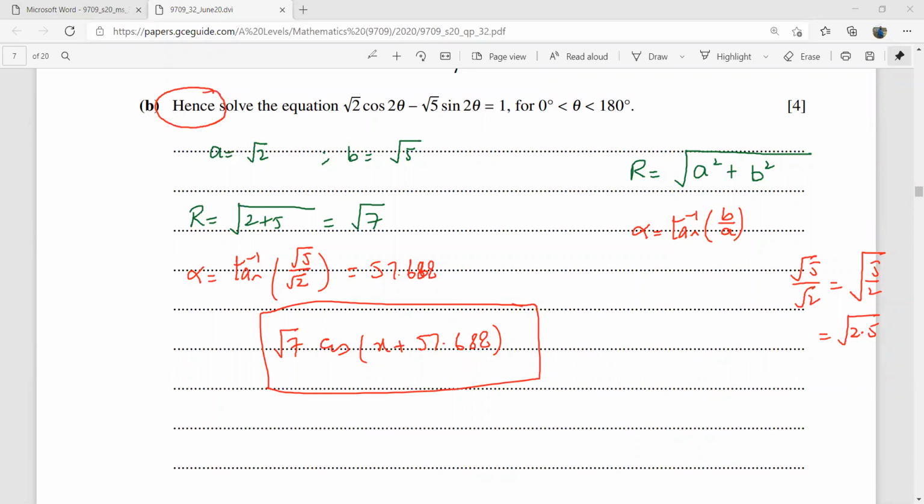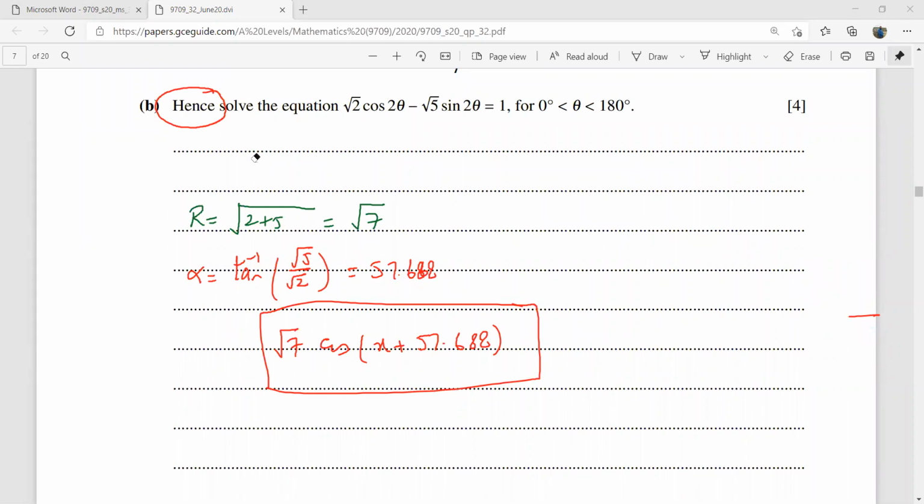Okay, so let me write this equation as, let me erase them first of all. So I will be writing this equation as under root 7 cos, and instead of this x over here, I'll be writing 2 theta plus 57.688, and that is equal to 1.